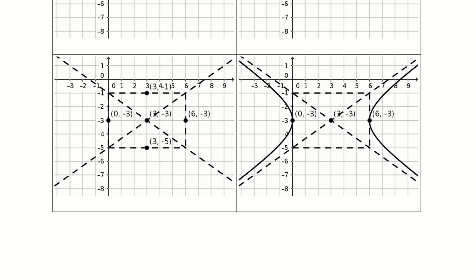That solid line gets closer and closer to those asymptotes as it goes to the right and the left in this example where the x term is positive. Also, that vertical line at 6, -3, that's tangent again. It just touches down and then takes off again. Same as at 0, -3. So those are the two vertices. We've graphed our first hyperbola.